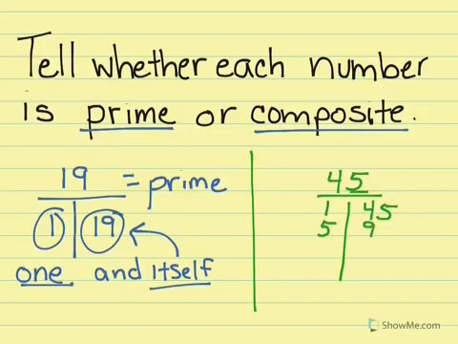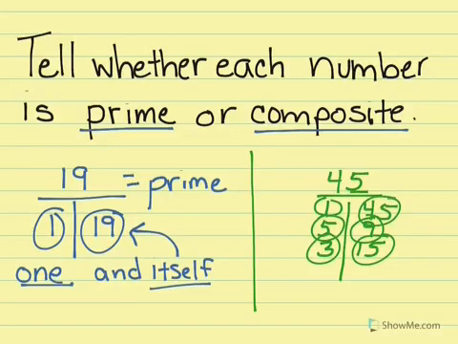I also know 15 goes into it evenly 3 times. So that is 1, 2, 3, 4, 5, 6 factors. That is definitely more than 2 factors. So 45 is composite.